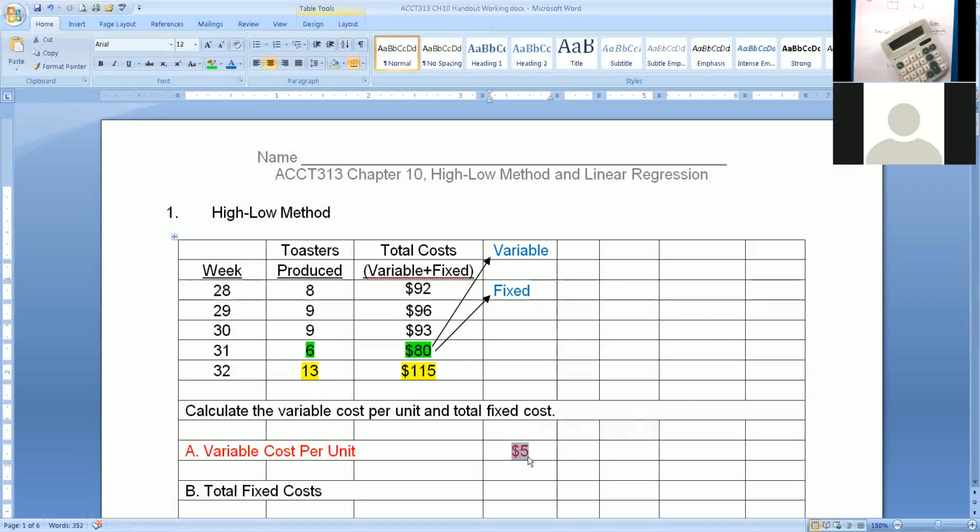The price each was $5, multiplied by 6 units equals $30. So this is the total variable cost.